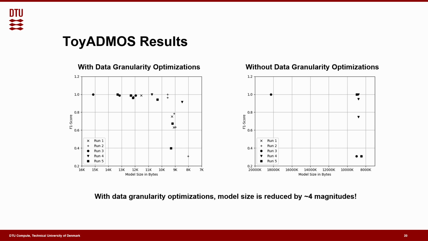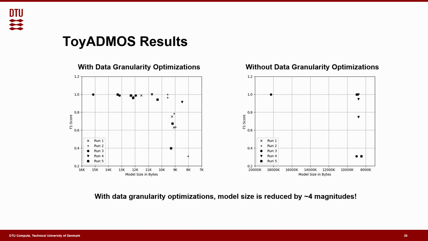And we try to use this quite simple implementation to run some tests on this ToyADMOS dataset that contains recordings of toys in normal and abnormal operating conditions. And we have to be able to classify a sound as being abnormal or not.